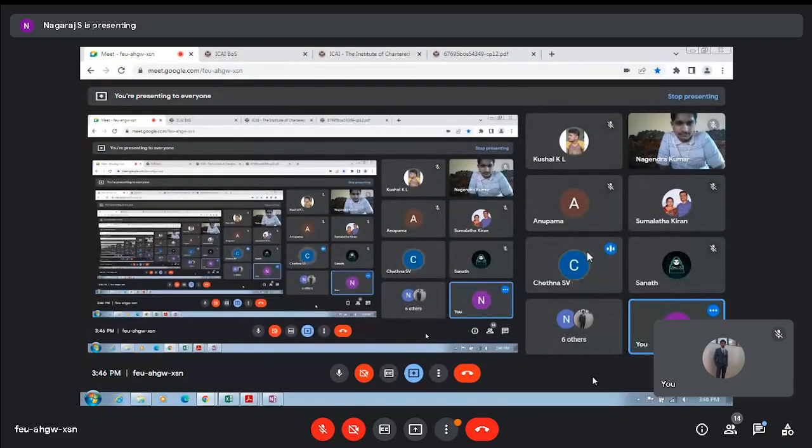Public, private, government, small company. No. Domestic company and foreign company. In domestic company, these companies will come. Public, private, everything. Okay. Two kinds of companies. It is applicable to both companies. Foreign company as well as domestic company. For both companies, MAT will be applicable.